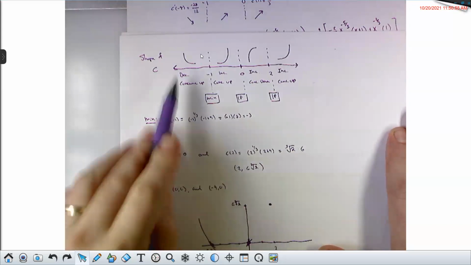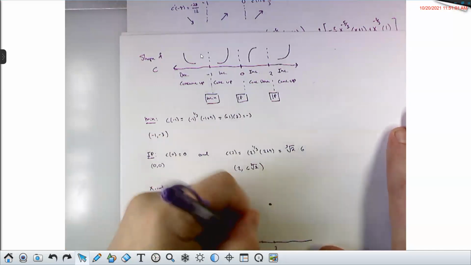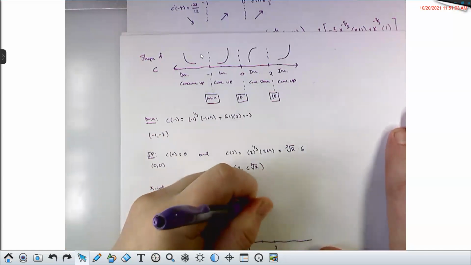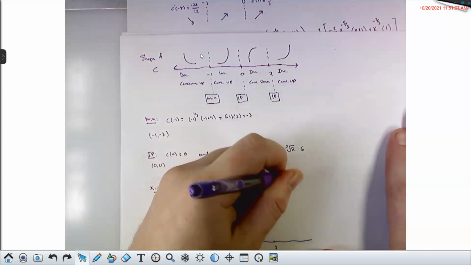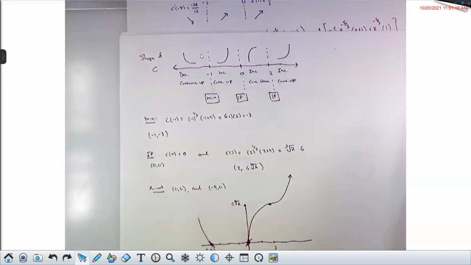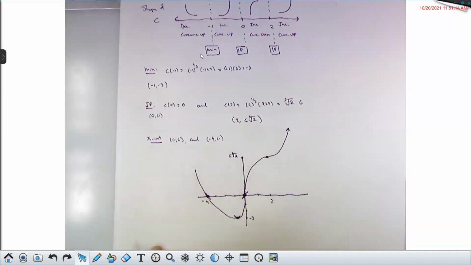So we are decreasing concave up, increasing concave up. Now I should be increasing concave down from here to here. And then I switch to being increasing concave up thereafter. So here is a good graph of this function. Something like that. Pretty cool, right?